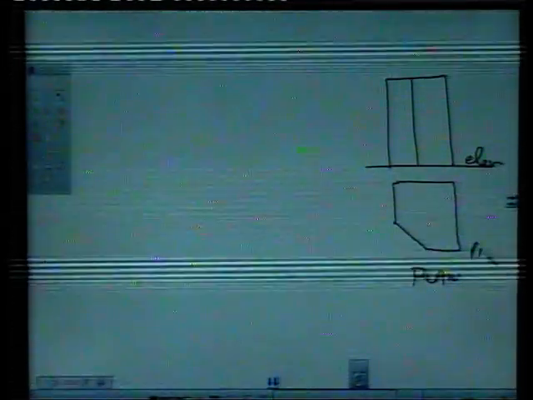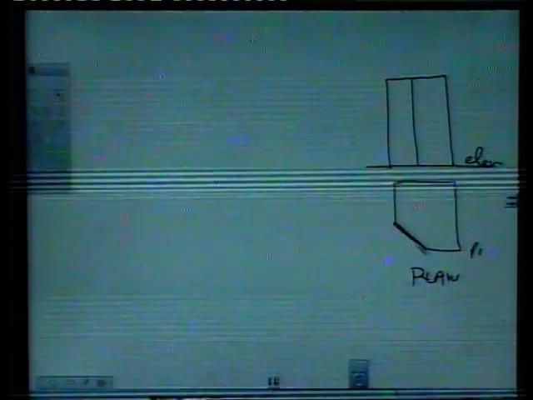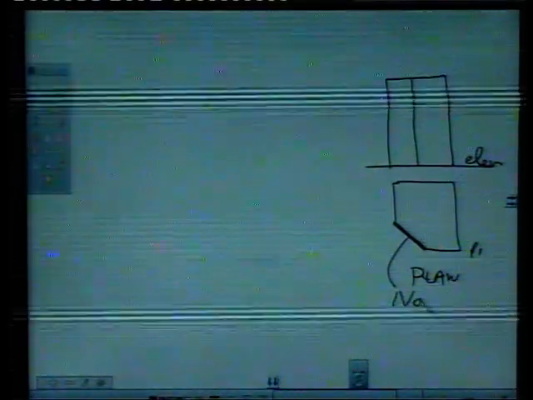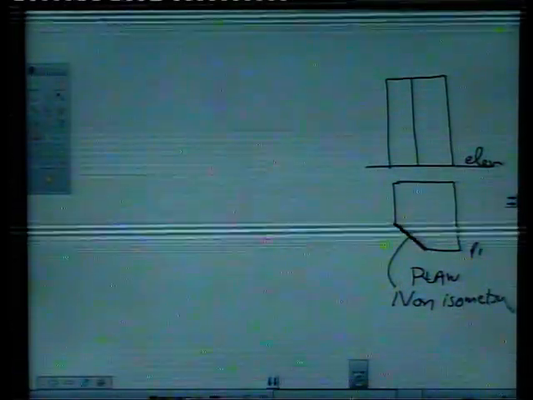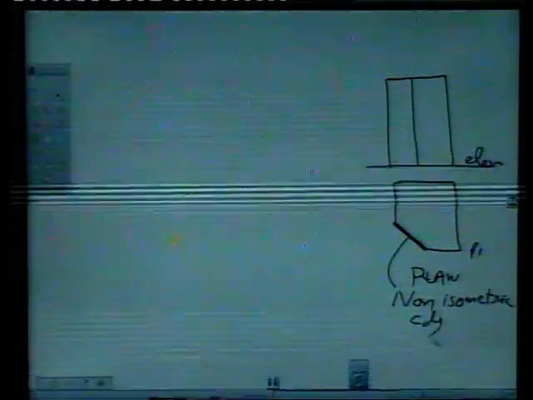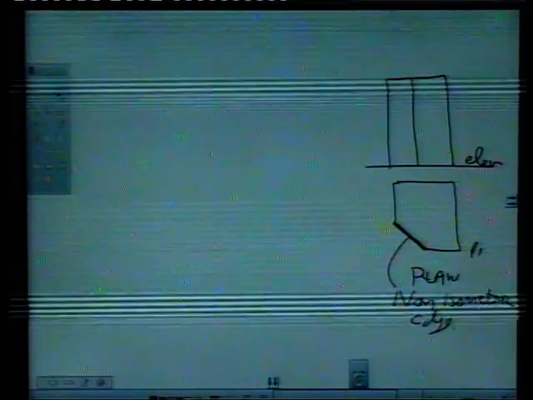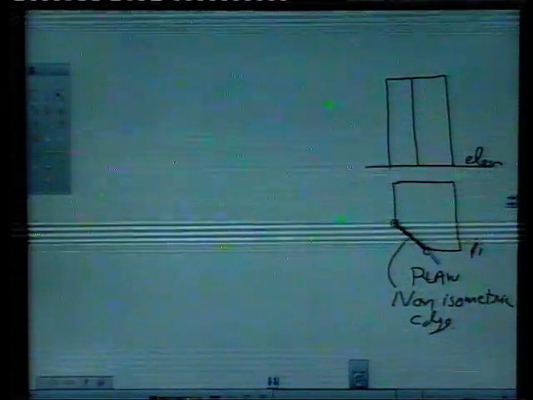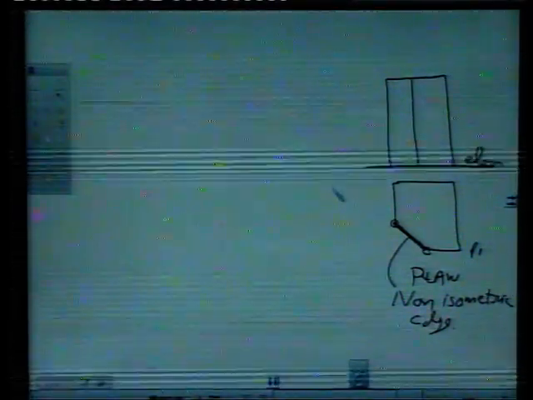So, this edge is non-isometric edge. How to draw isometric of this non-isometric edge? We will simply locate these 2 points, point number 1 and point number 2, and then simply join these 2 with scale. See how?